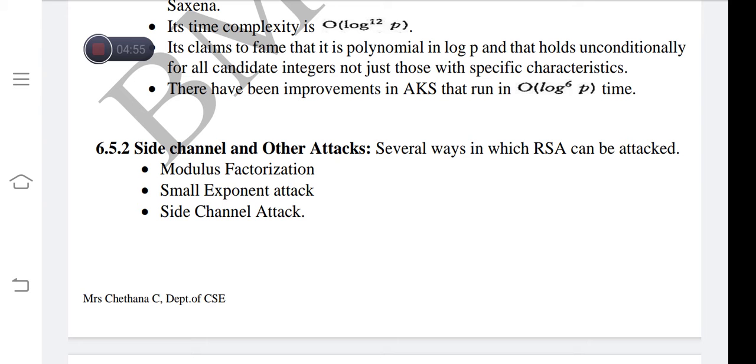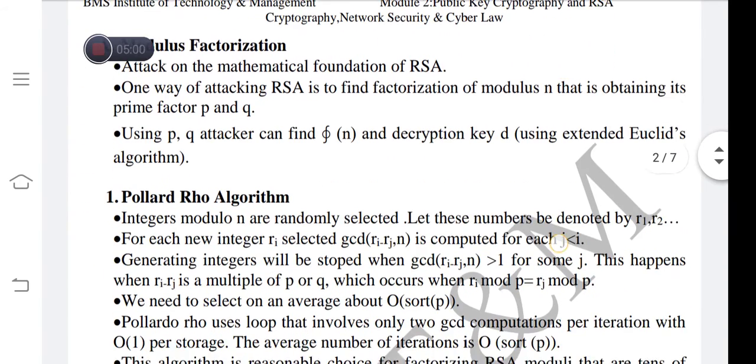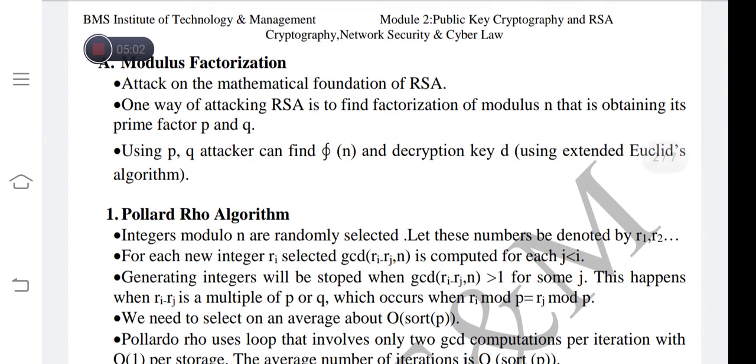Okay, modulus factorization is an attack type based on the mathematical foundation of RSA. Mathematical foundation means obviously we'll be making use of various prime values, and from those prime values we'll be finding the modulus n value.